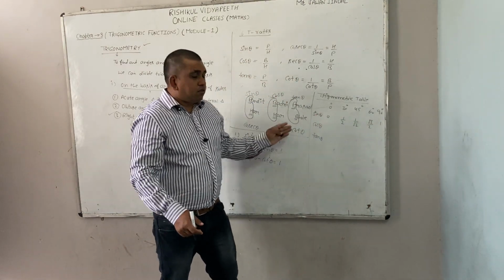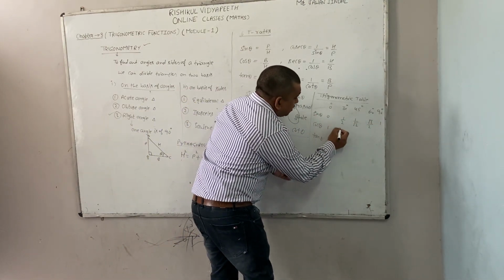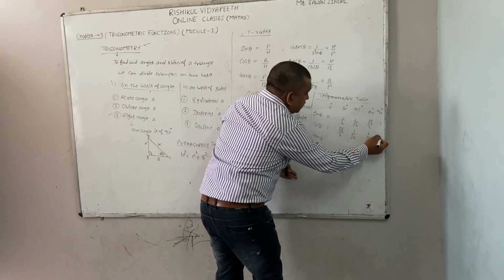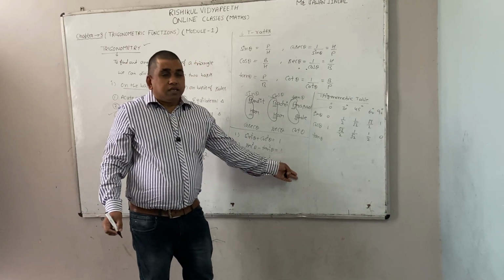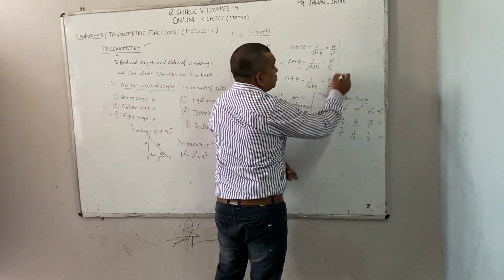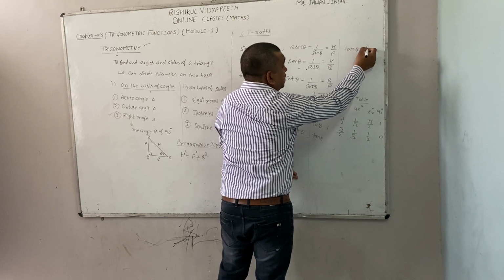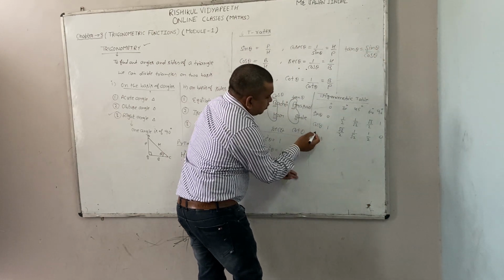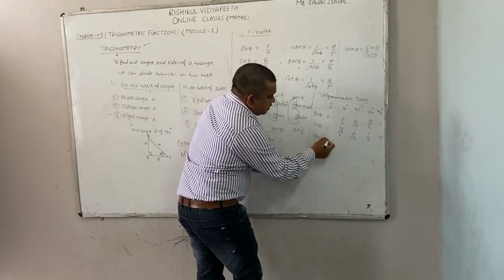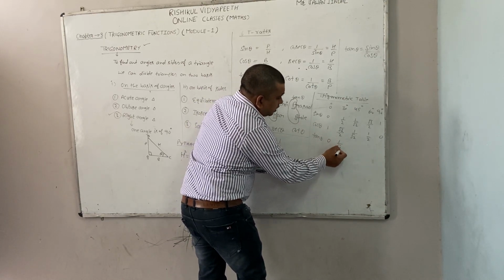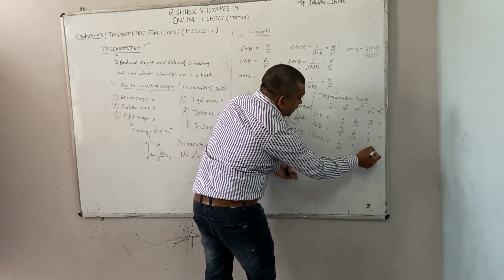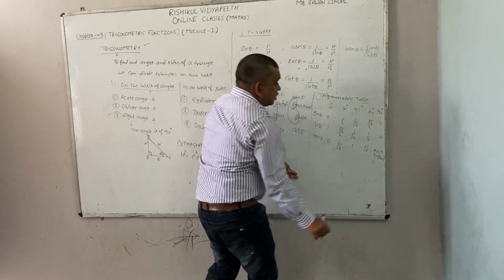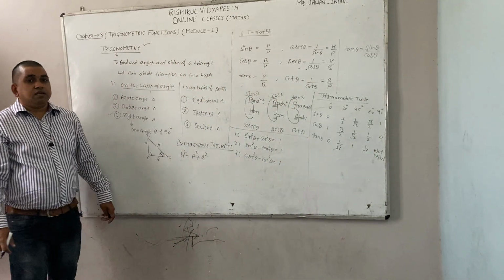For cos theta, reverse the order: 1, root 3 by 2, 1 by root 2, 1 by 2 and 0. Tangent theta you know very well. Tangent theta is equal to sin theta upon cos theta. Therefore tangent 0 will be 0 by 1, 0. Then 1 by root 3, 1, root 3, and tangent 90 is not defined. This trigonometric table you have studied.